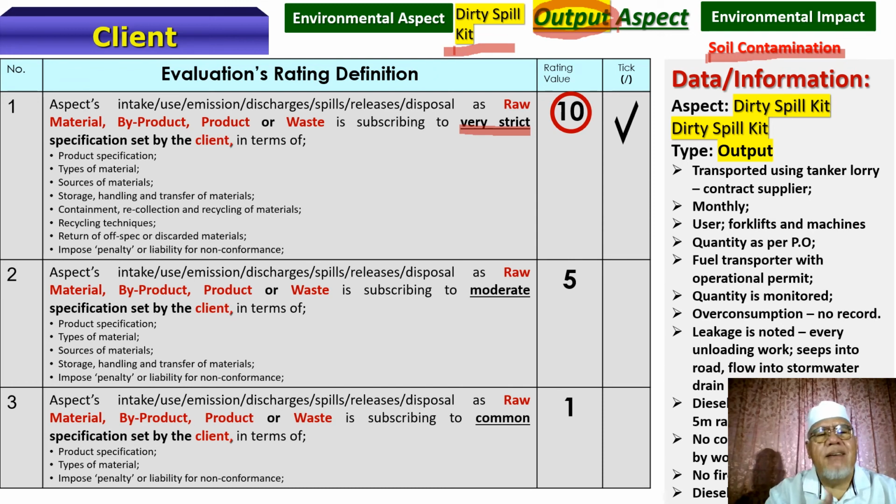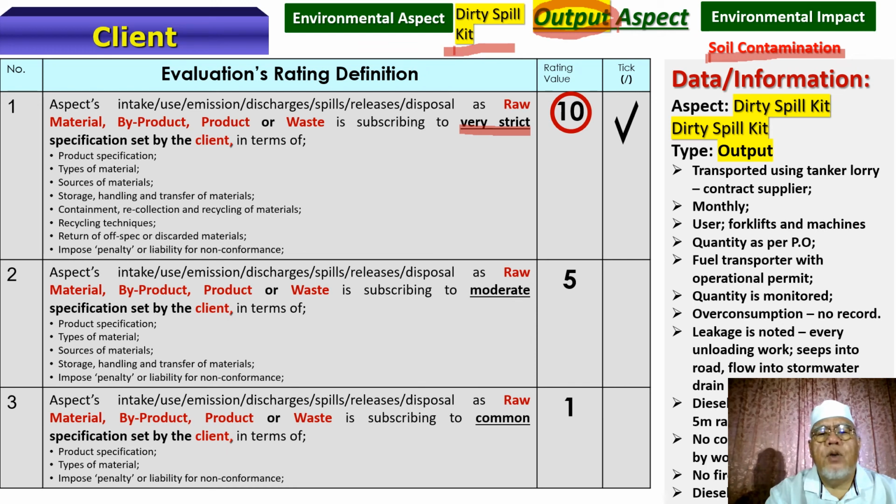It's more generic. So as far as this client evaluation criteria is concerned, for dirty spill kits, the most important client here is the governing agency that enforces scheduled waste regulations, and the municipal. These are also clients. They impose strict requirements.